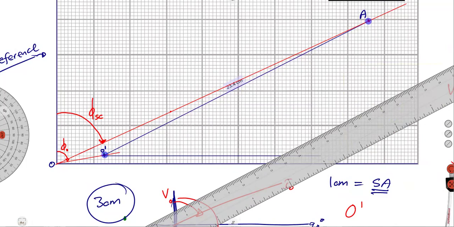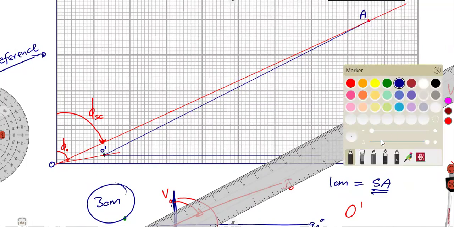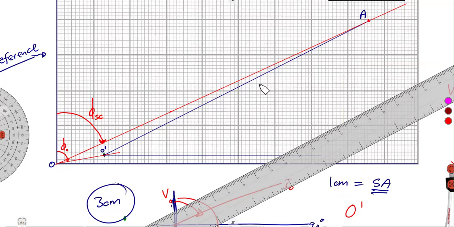So you join that part, from point O bar to point A. That line, remember, is a special line that we talked about before. That's our output line, from O bar to A.